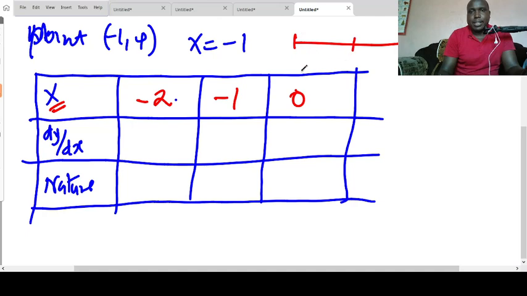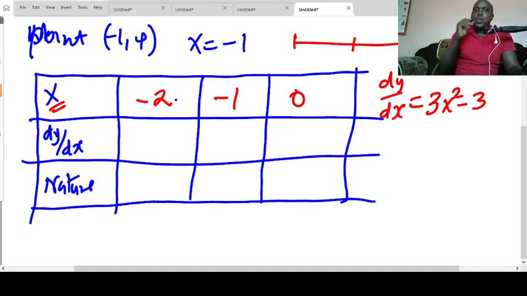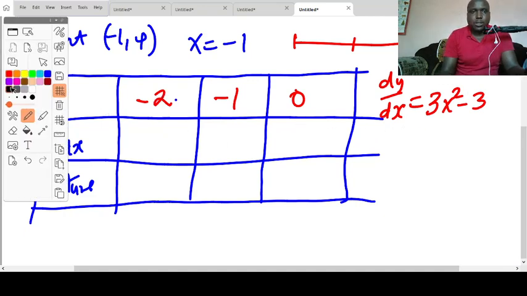Now, the next thing is you substitute these values in dy over dx. Our dy over dx was what? It was 3x squared minus 3. So we start with negative 2. Substitute: where you see x, you put negative 2.